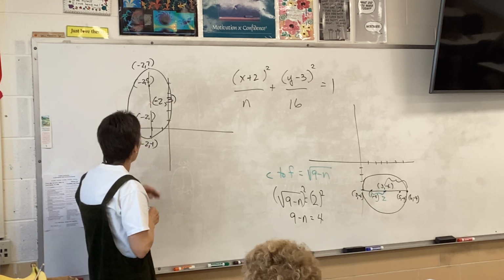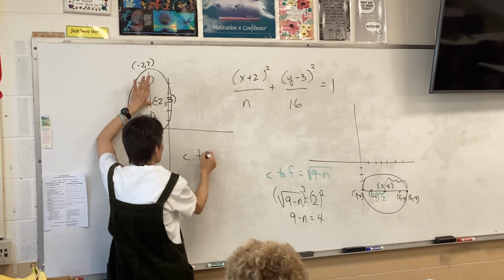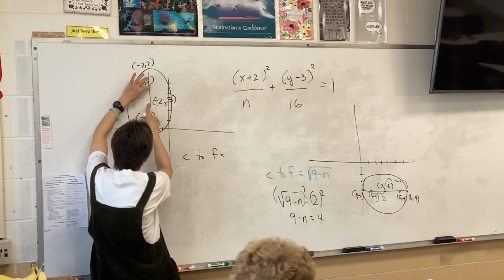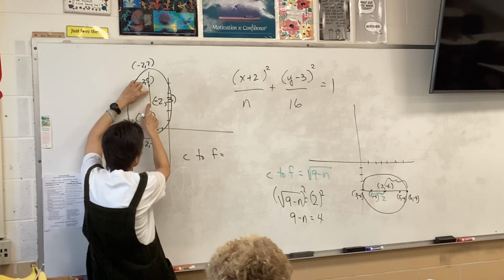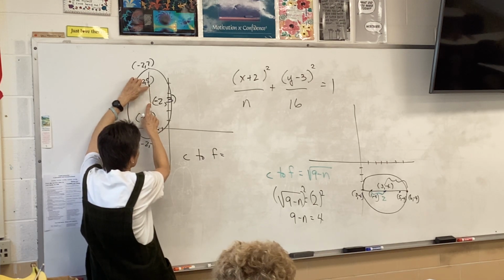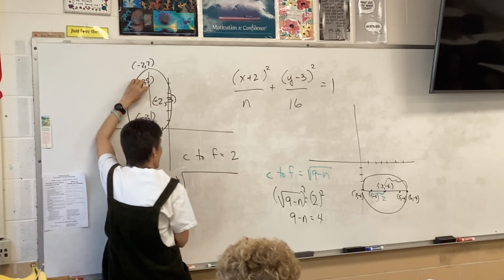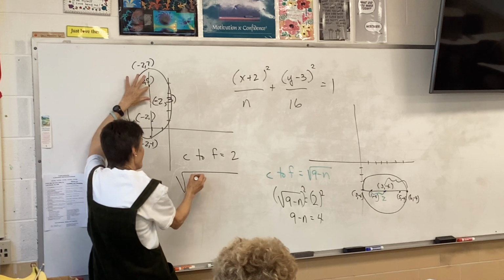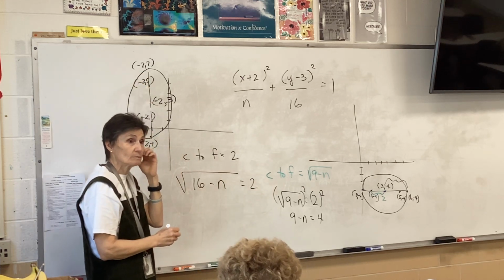What I do know is that the distance from my center to my focus is what? This is my center, this is my focus. What's that distance? 2. And I know that I find that distance by subtracting my denominators and taking the square root.